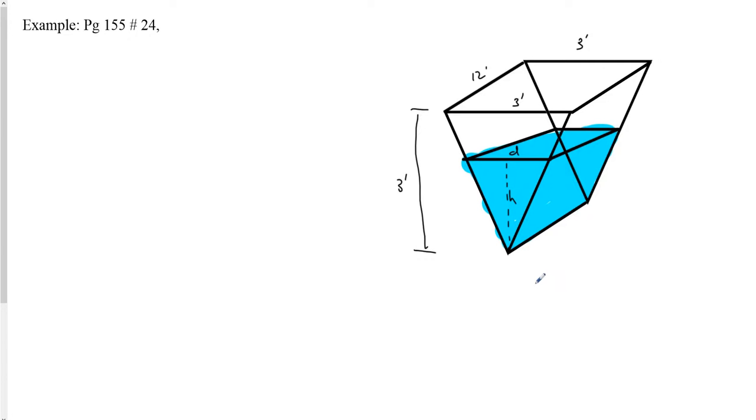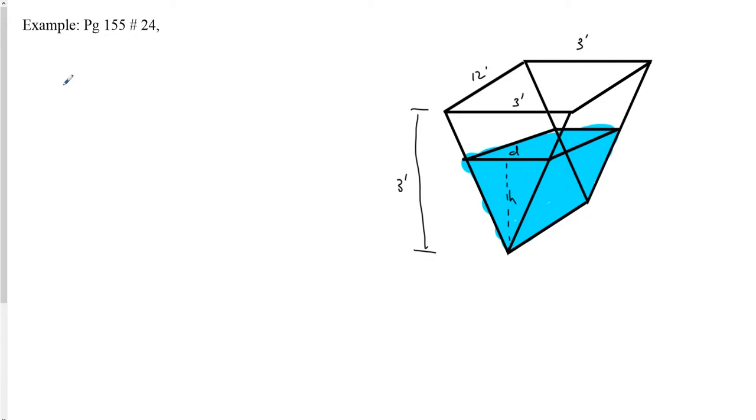Now, here's the good news. Since this is always constant, it's never going to change. Regardless of how high this water is, from here to here is always going to be 12 feet. That's good. That removes one variable. And while I'm talking about variables, let's talk about how I calculate the volume of the water.